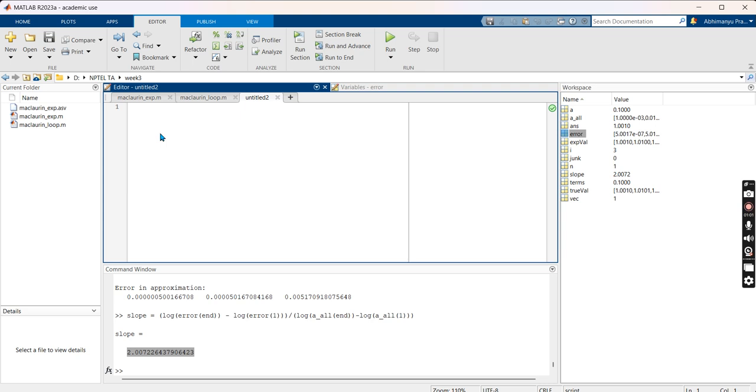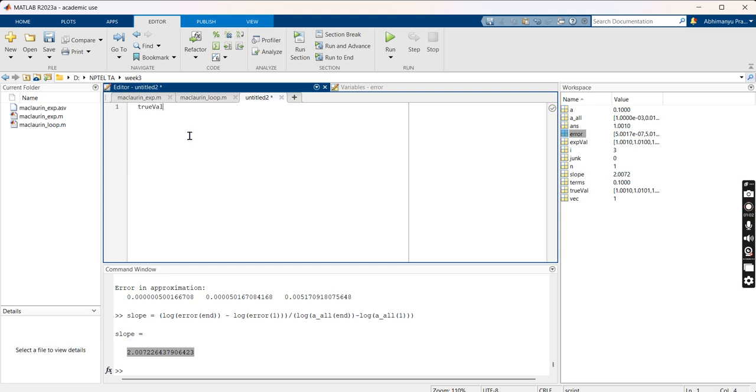Okay, let us do this for tan inverse of x.